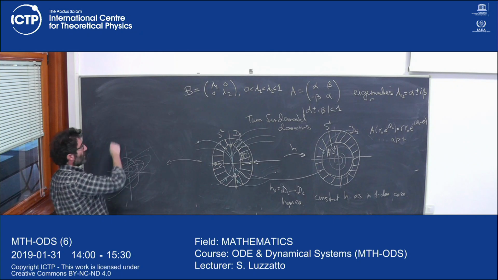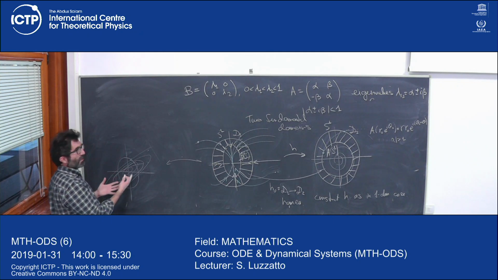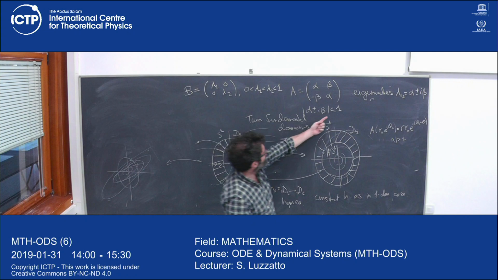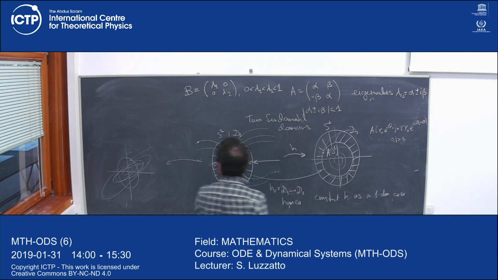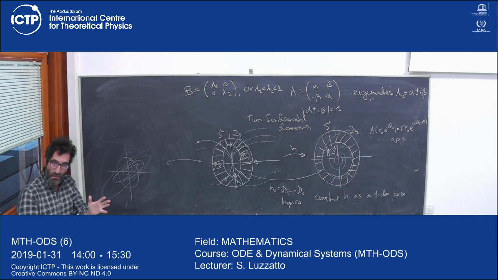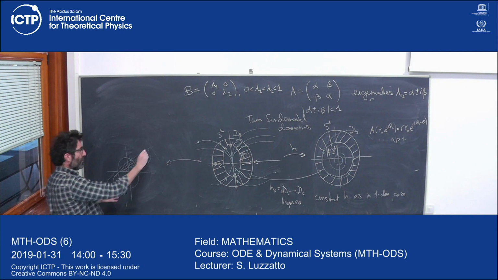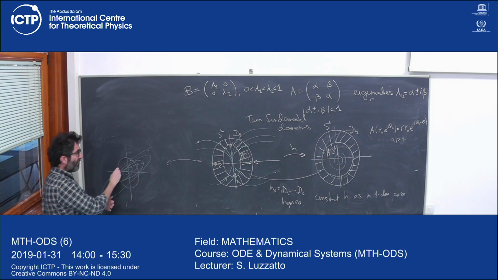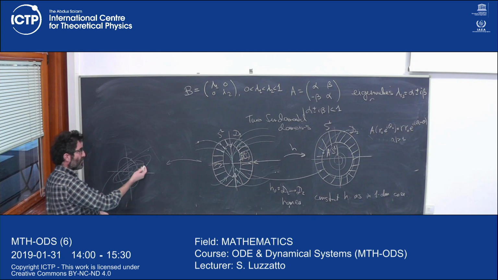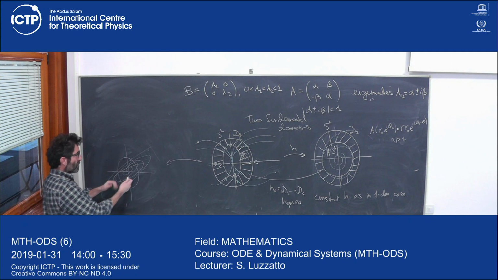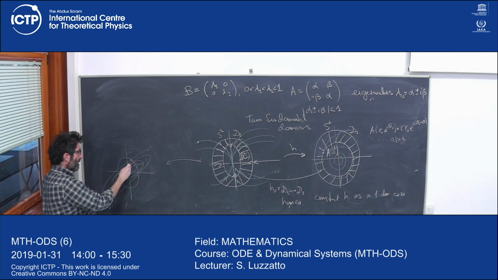Because in general, if you have this less than 1, then this is an attracting fixed point. If you didn't know that, and you just look at this map here, and you don't know about these spirals, you just take a point and try to follow the orbit of the point, it's not at all obvious that this is actually converging, because it might be very squished, so it might actually move here.